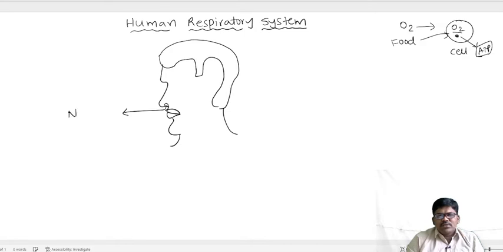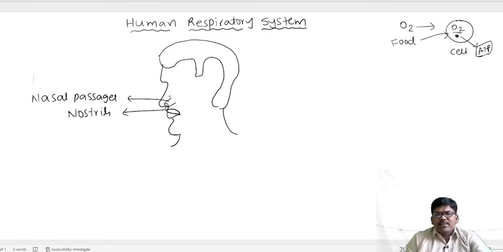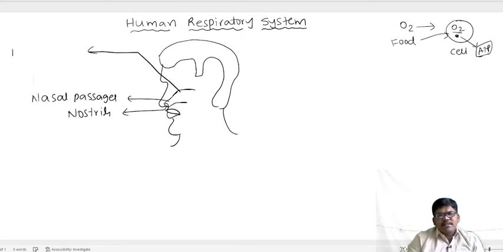Humans contain two nostrils. Nostrils open into the nasal cavity through the nasal passages. These are the nasal passages. Nasal passages open into the nasal cavity. Here it is, this is the nasal cavity.